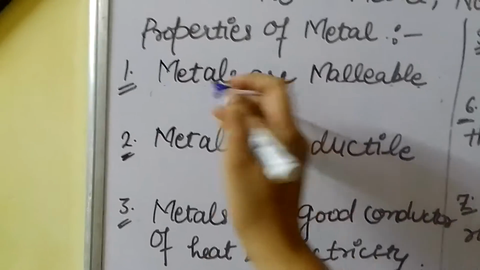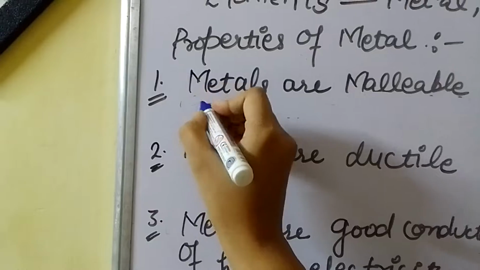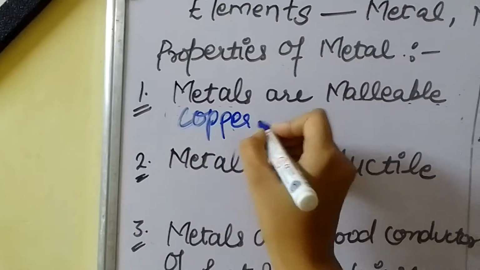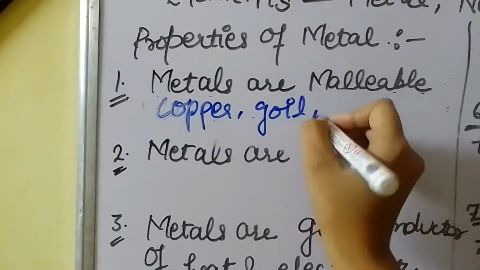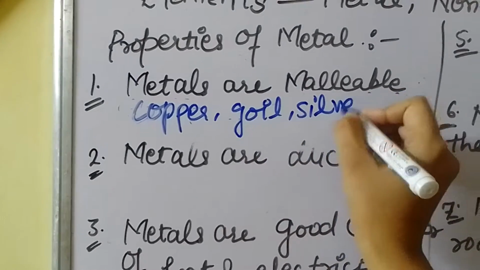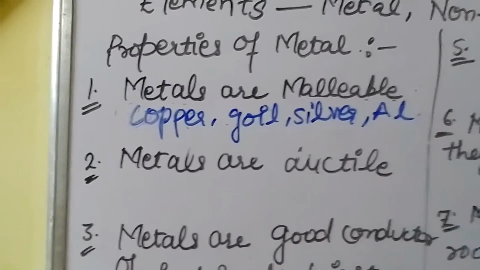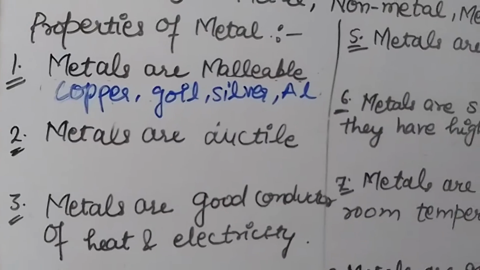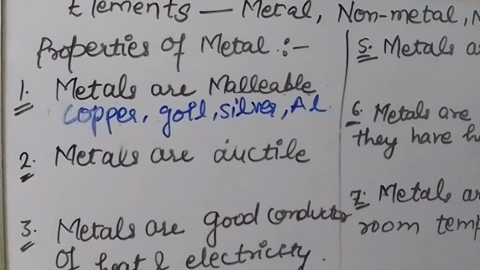What are these metals? Copper, gold and silver, aluminium. All are malleable because they have the property of malleability.